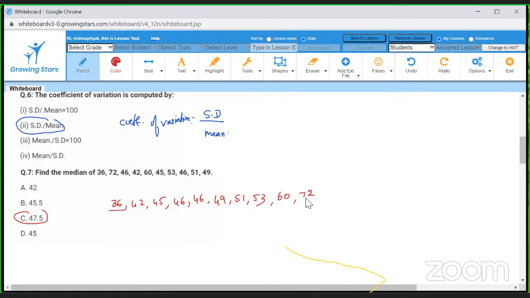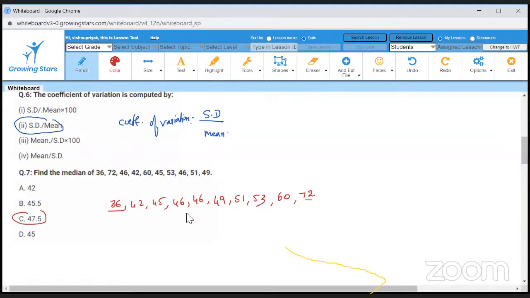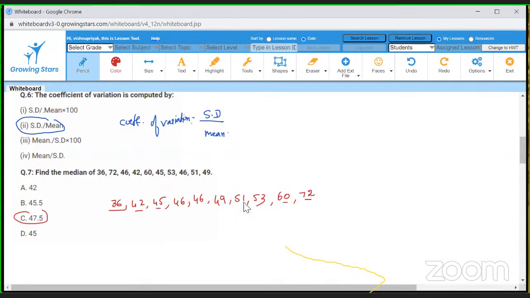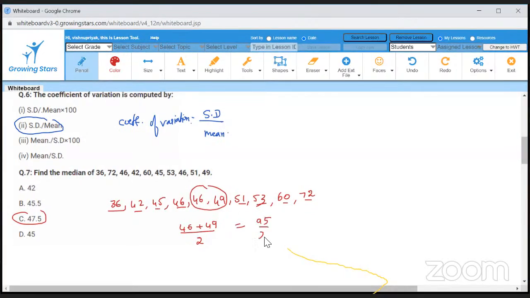Now, these two are the middle terms, whose average we have to take: 46 plus 49 by 2, that is 95 by 2, that is 47.5.